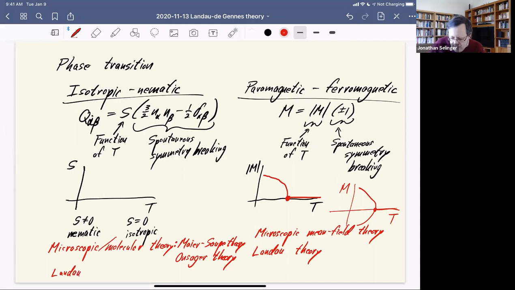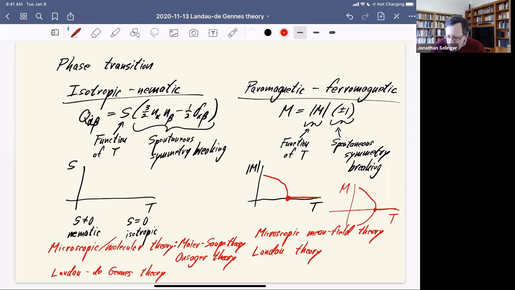When Landau theory is applied to nematic liquid crystals, people refer to it as Landau-de Gennes theory, after Pierre-Gilles de Gennes, who did so much of the foundations of liquid crystal physics and won a Nobel Prize for that. So these are three theoretical approaches that you should be aware of for this kind of issue.